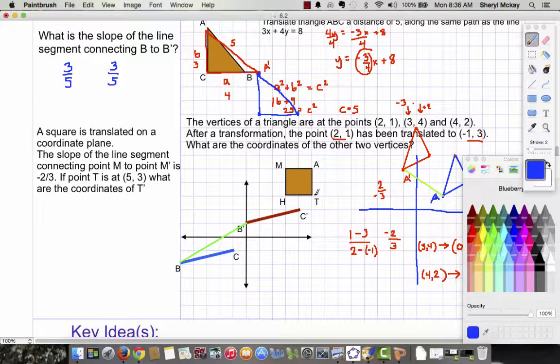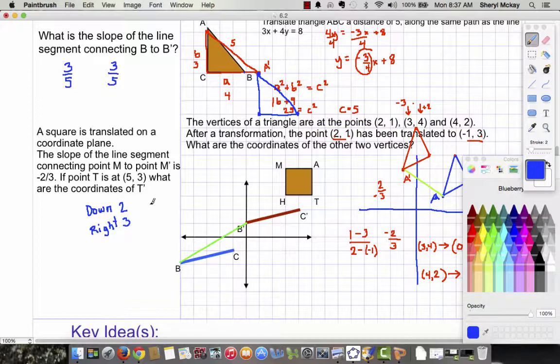All right, so how did you do it? Did you think about this line segment being -2/3, meaning that you're going to go down 2 and to the right 3? You should have, okay?